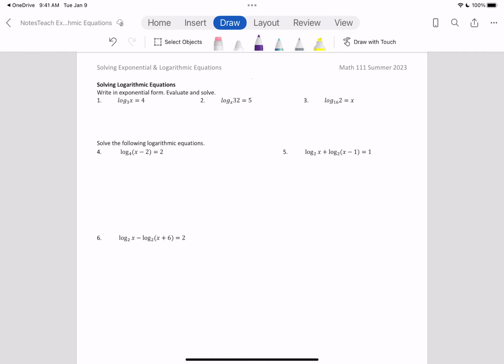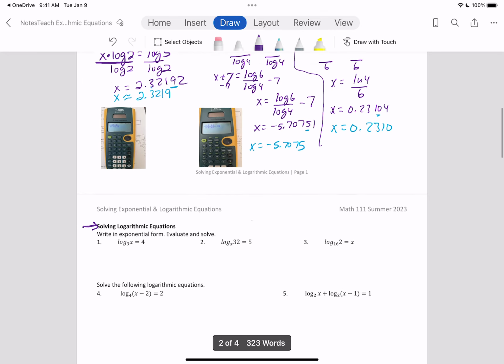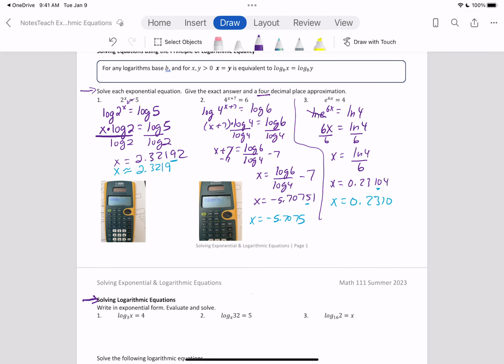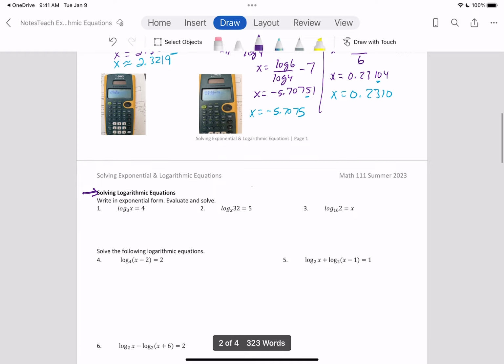But the next problems, these are solving logarithmic equations. So remember, I told you that what we're going to be mostly doing in these is the opposite of what's there. When we had exponential equations to solve, we looked at the opposite or the inverse, which is log.